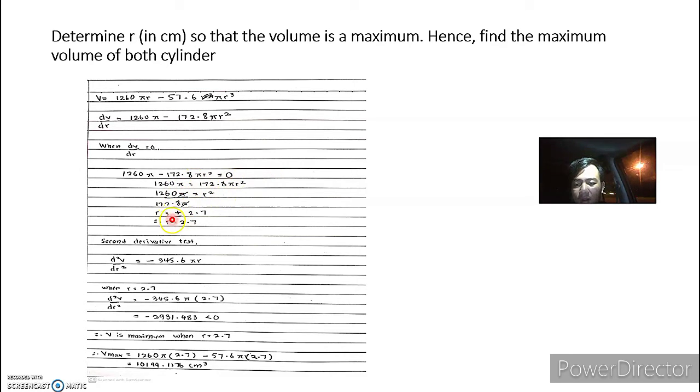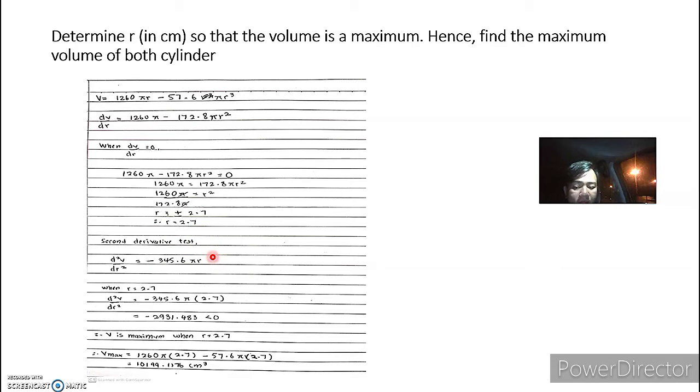After that, we cancel the pi, so it becomes 1260 over 172.8 equals r square, which is 7.29. So r is equal to plus or minus 2.7. That means r equals 2.7.